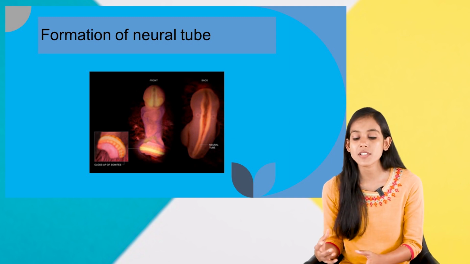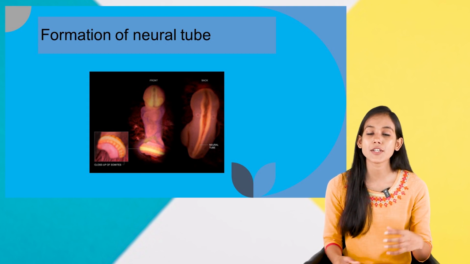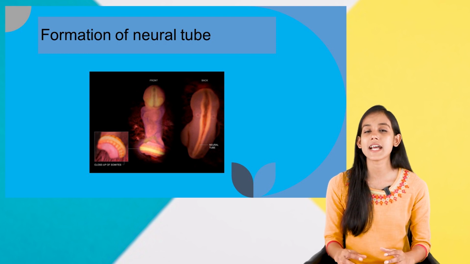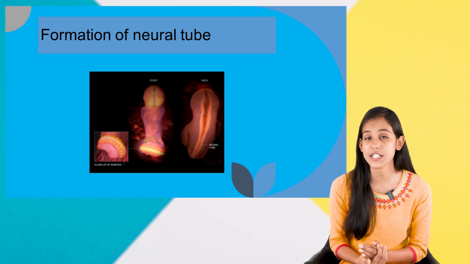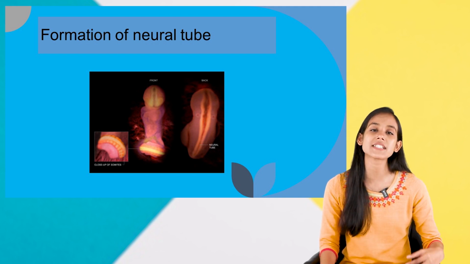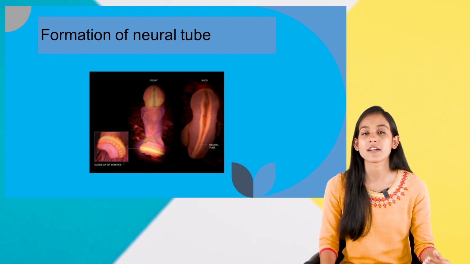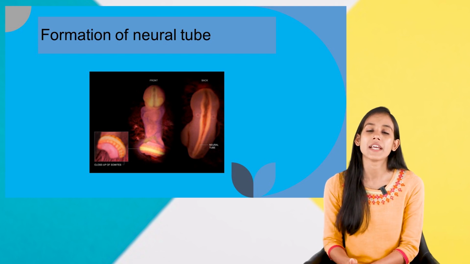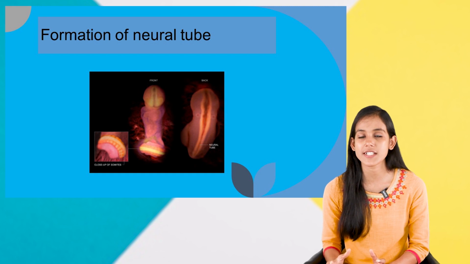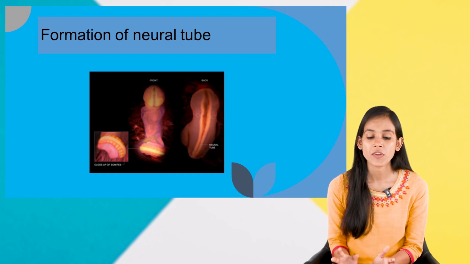By the end of the 3rd gestational week, the neural folds fuse to form the neural tube. So by the end of the 3rd gestational week, the neural tube will be completely formed, right? Even if there are any neural tube defects, they would also happen this early.